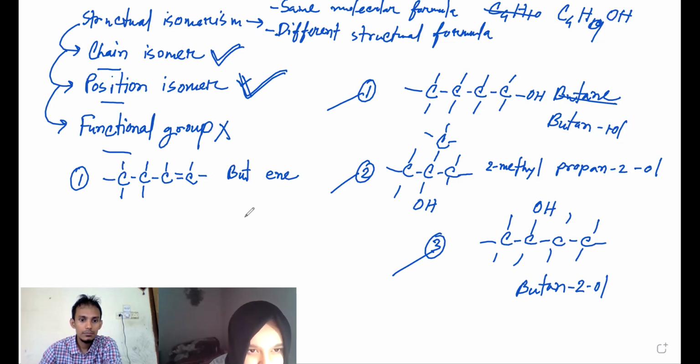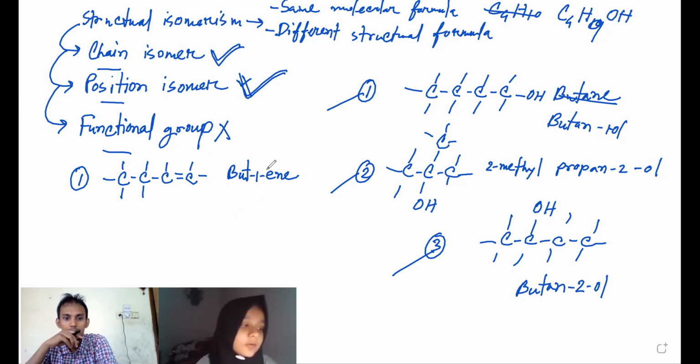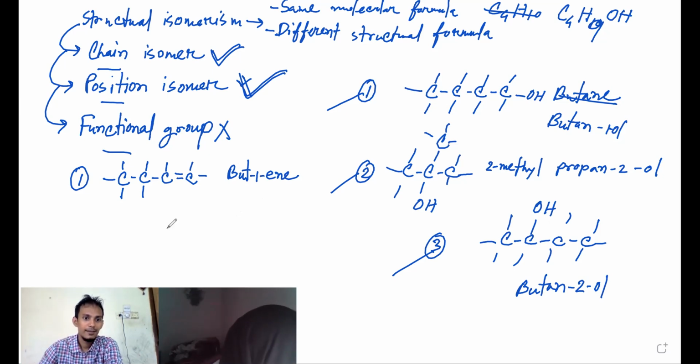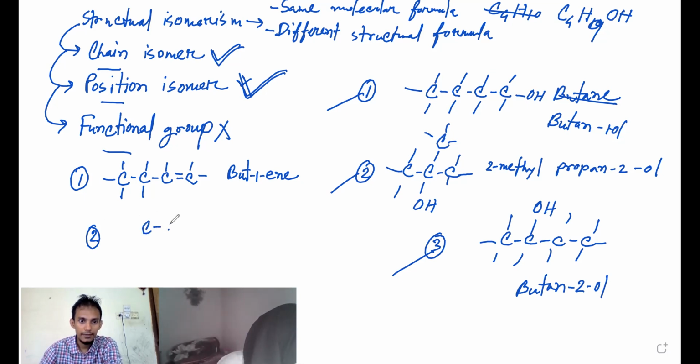In the first position. So but-1-ene. Do you understand? Yes, I remember now. So go back to your study, revise it again. You can recall. So this is but-1-ene, and say this one.